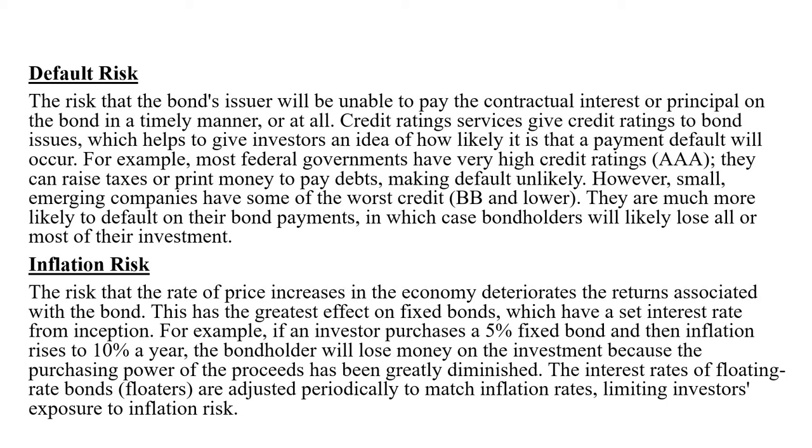If the company is not able to pay the interest on it timely and periodically, for example, they pay 12% return annually, but the company is not able to pay the 12% annually, or even though they pay the full return, when it comes to maturity they are not able to pay the principal amount, whatever amount you invested. So when a company fails to pay the interest or principal amount, such kind of risk or default is known as default risk.